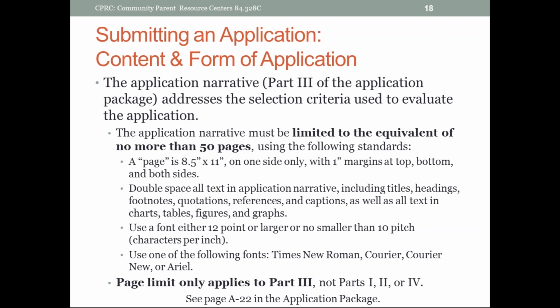You must double space all text in the application narrative, including titles, headings, footnotes, quotations, references, and captions, as well as all text in the charts, tables, figures, and graphs that you include. You must use a font that's either 12 point or larger and no smaller than 10 pitch, and you must use one of the following fonts: Times New Roman, Courier, Courier New, or Arial.